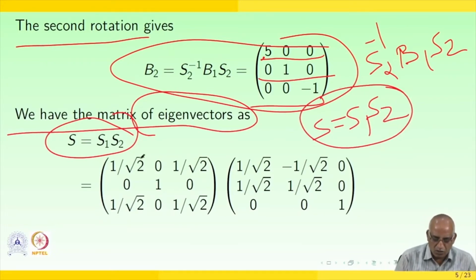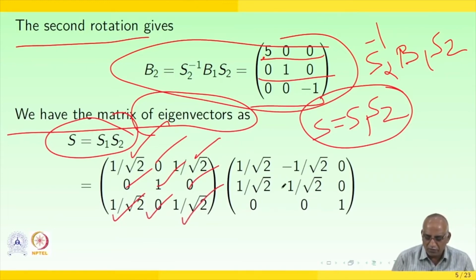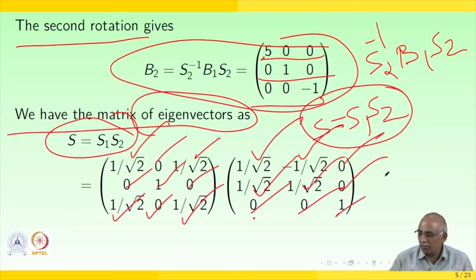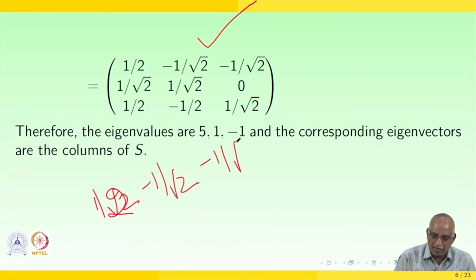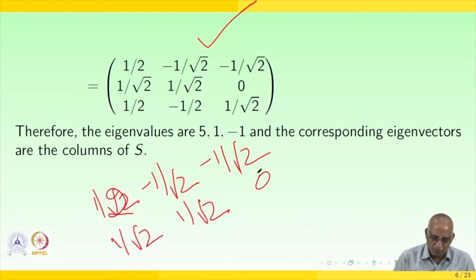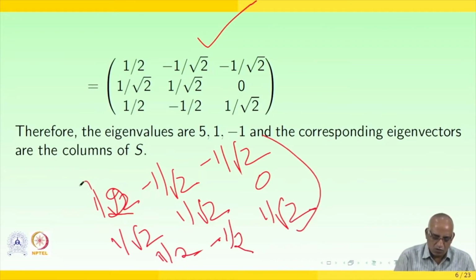That is S1 multiplied with S2, which will give you the matrix 1 over 2, minus 1 over root 2, minus 1 over root 2; 1 over root 2, 1 over root 2, 0; 1 over 2, minus 1 over 2, 1 over root 2.